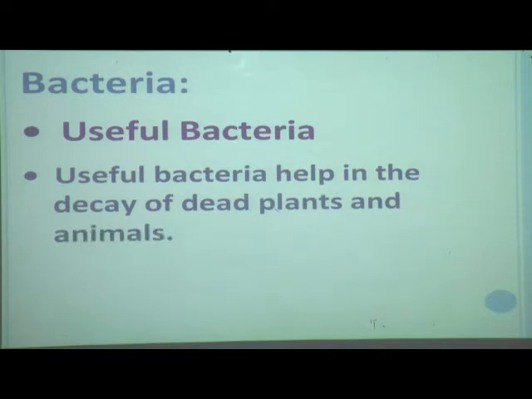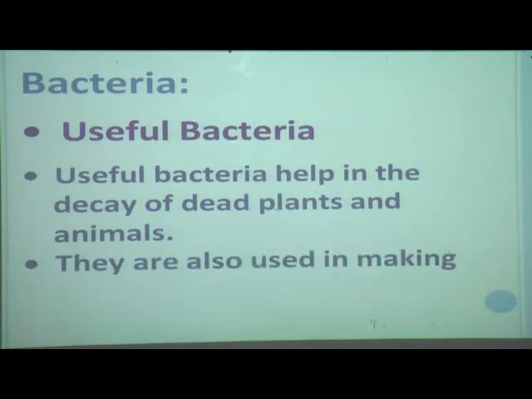Dear student, do you remember in last year's lesson on soil we learnt that when plants and animals die, they decay and get mixed with soil, and these dead plants and animals make soil fertile. So, who is helping to decay the dead plants and animals? The bacteria are helping. That is why these are useful bacteria which help in the decay of dead plants and animals.